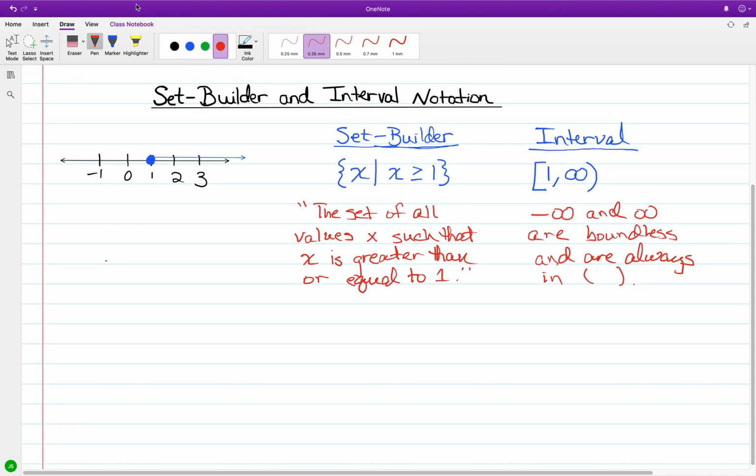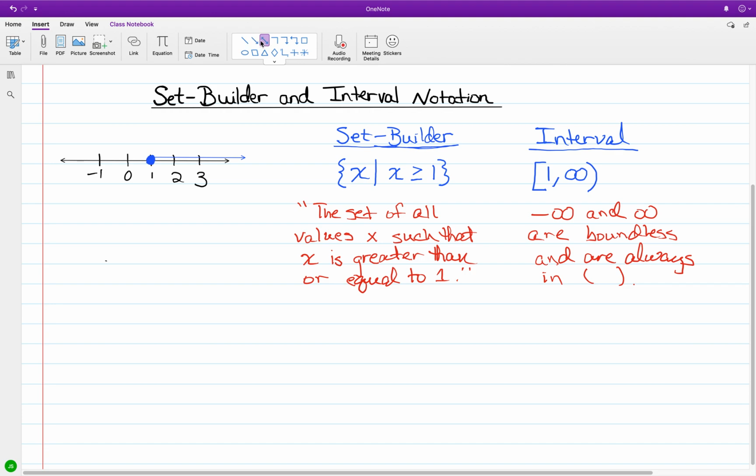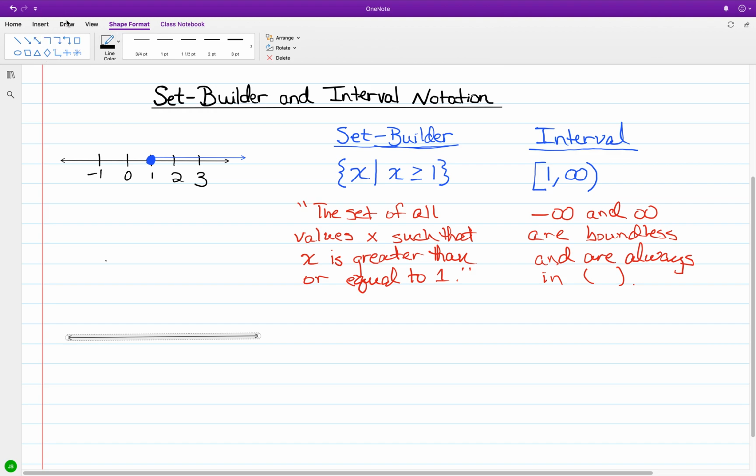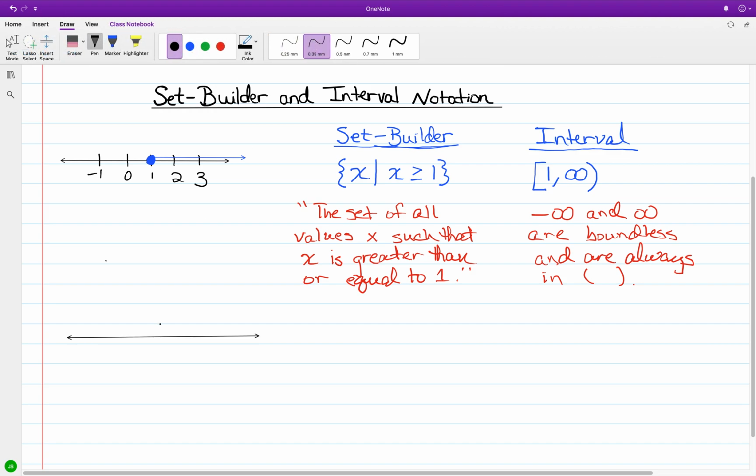Another case of a number line, and we will let this run continuously at both ends.